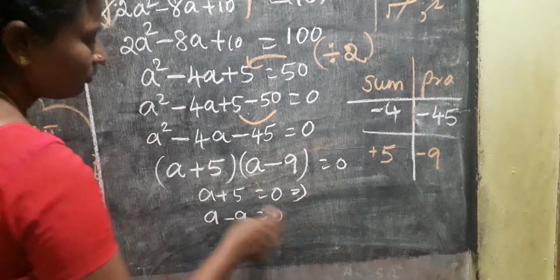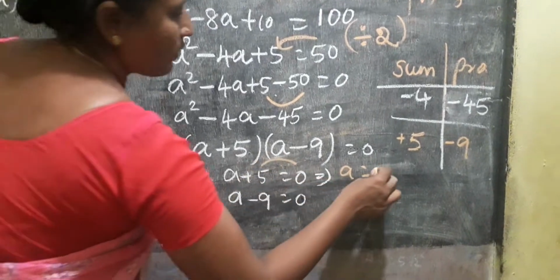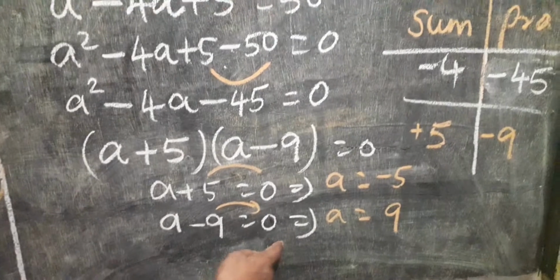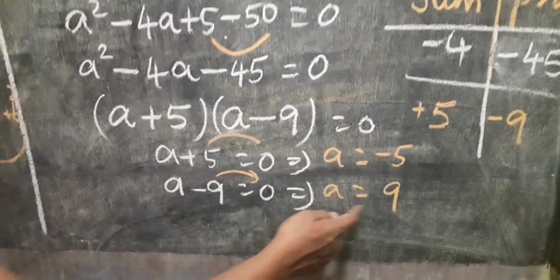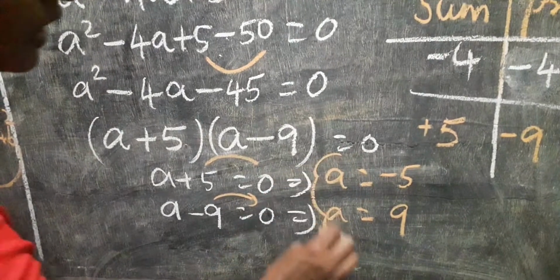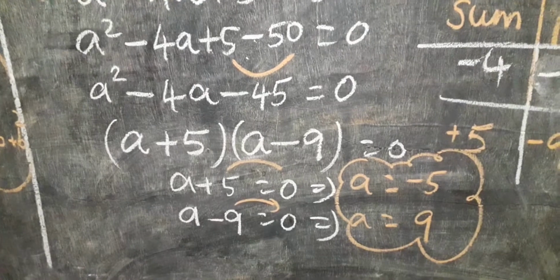Finally, a is equal to: plus 5 going to the opposite side becomes minus 5, and minus 9 moving to the opposite side becomes plus 9. So a equals 9. Now you got the values of a: −5 and +9. What is our aim?